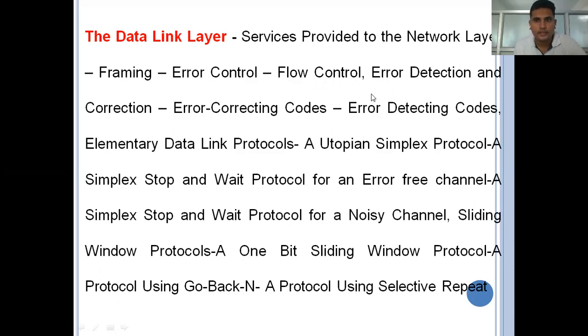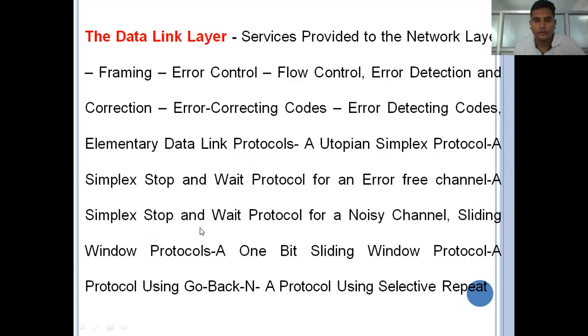Next, we covered error correction and error detection techniques, and the error correcting and detecting codes. Then the different protocols. In the past 2 to 3 videos we discussed the protocols needed in the data link layer: the simplex protocol, stop and wait protocol, and sliding window protocol.